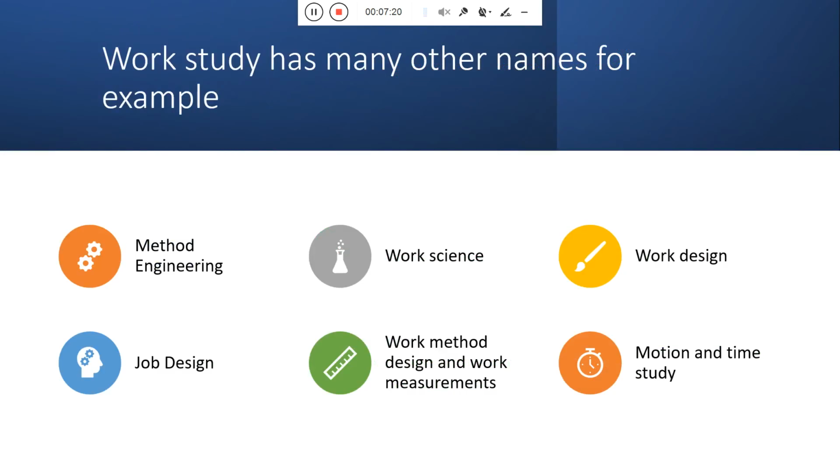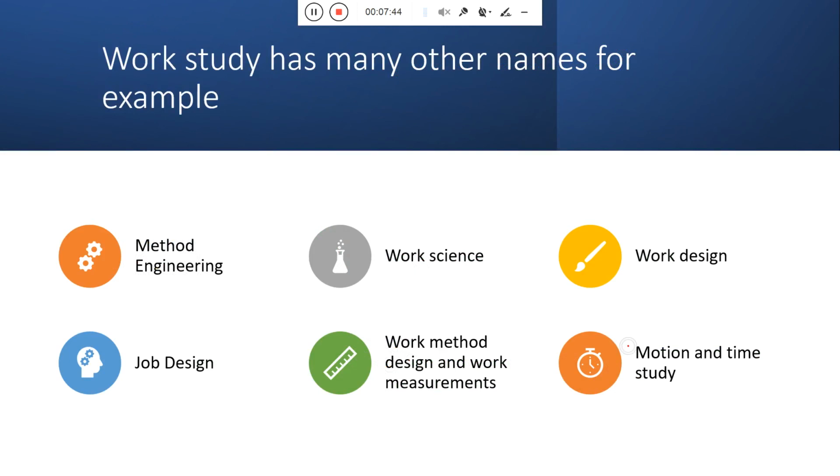Work study also has other names, so many times you may be confused. There are other names in the market; they generally use synonymous words like method engineering, someone says work science, someone says work design, job design, work method design and work measurement.